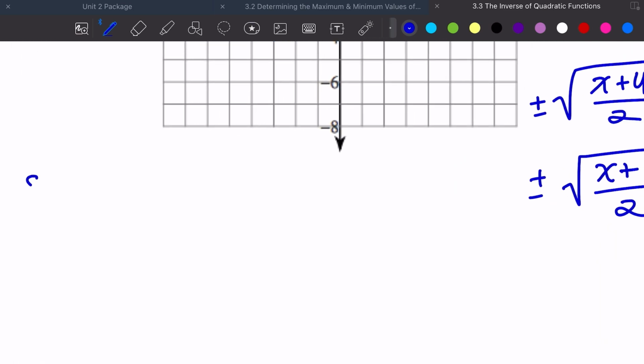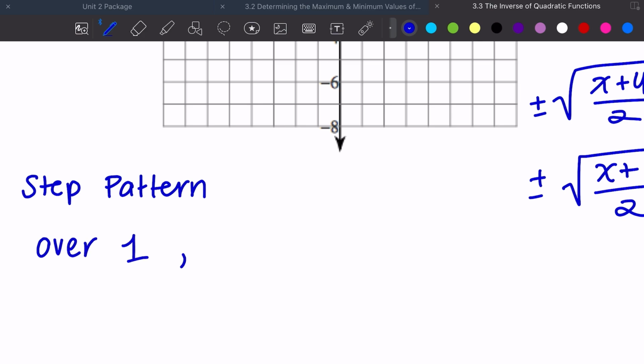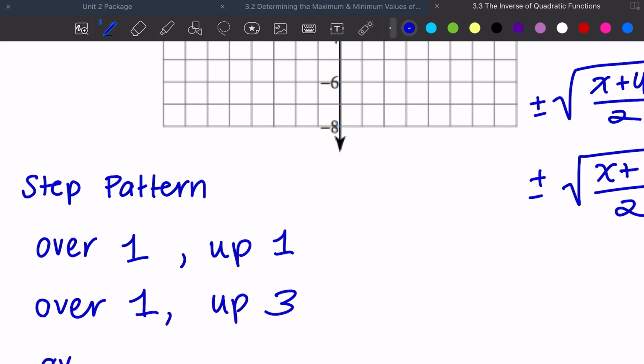So instead of going over 1, up 1, over 1, up 3, over 1, up 5, we're just going up by odd numbers. You're going to times whatever you're going up by, whatever your A value is. So I'm going to times these all by 2.